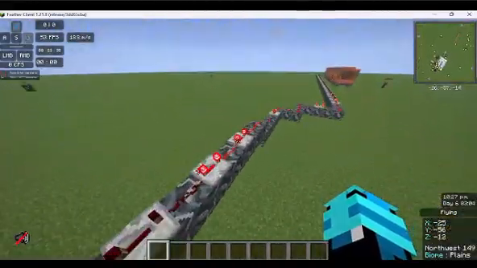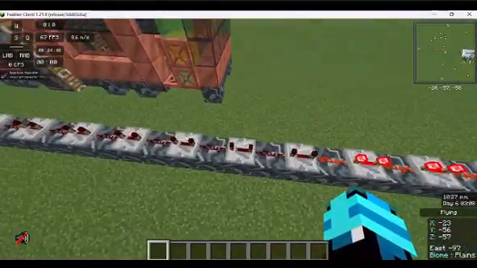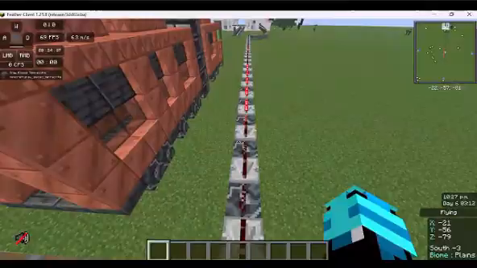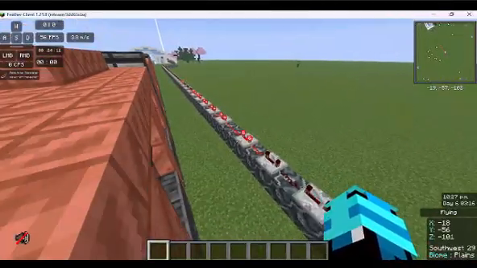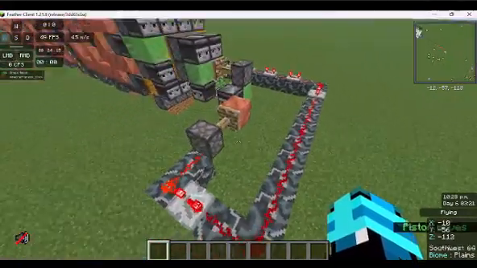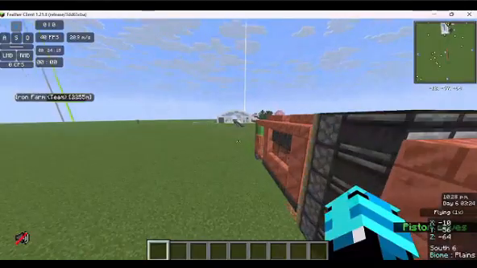If I go here, you can see they're slowly getting powered, and the proteins are being transferred using the endoplasmic reticulum. These proteins keep getting transferred on and on until they eventually come and power the train, and the train starts moving.